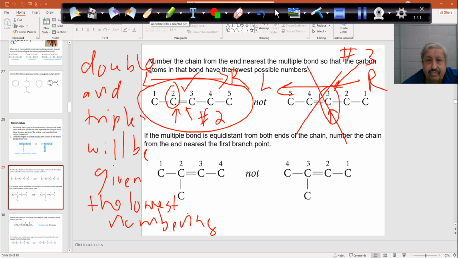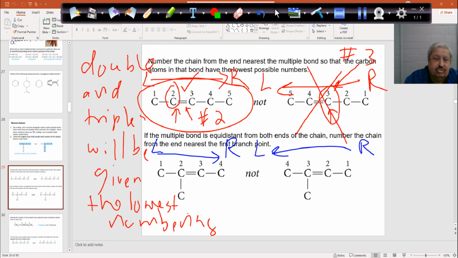Okay, guys. So 2 is lower than 3, and that's how the name of the structure will come out. Now, if you look at the second example, let me change the color here. Now we have to go, again, always from left to right or right to left. Always make yourself those arrows, and then see which direction will lead to the lowest numbering. That will be your correct structure. Correct.